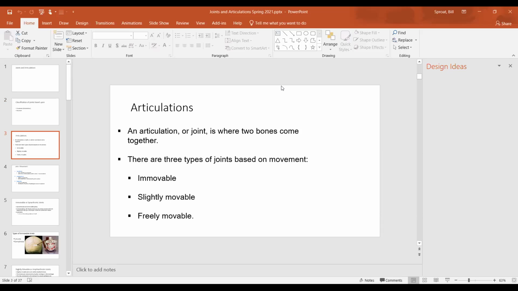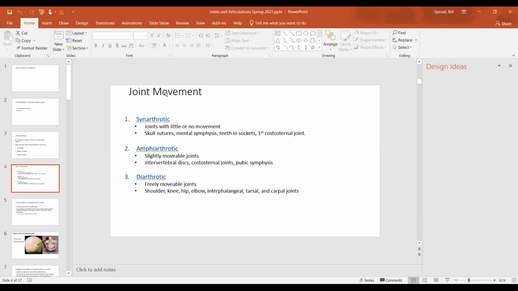There are three types of joints. There are the immovable joints, ones where there is absolutely no movement whatsoever. There are the slightly movable joints, and there are the freely movable joints, which are the most common type of joint in our bodies. So immovable, slightly movable, and freely movable.